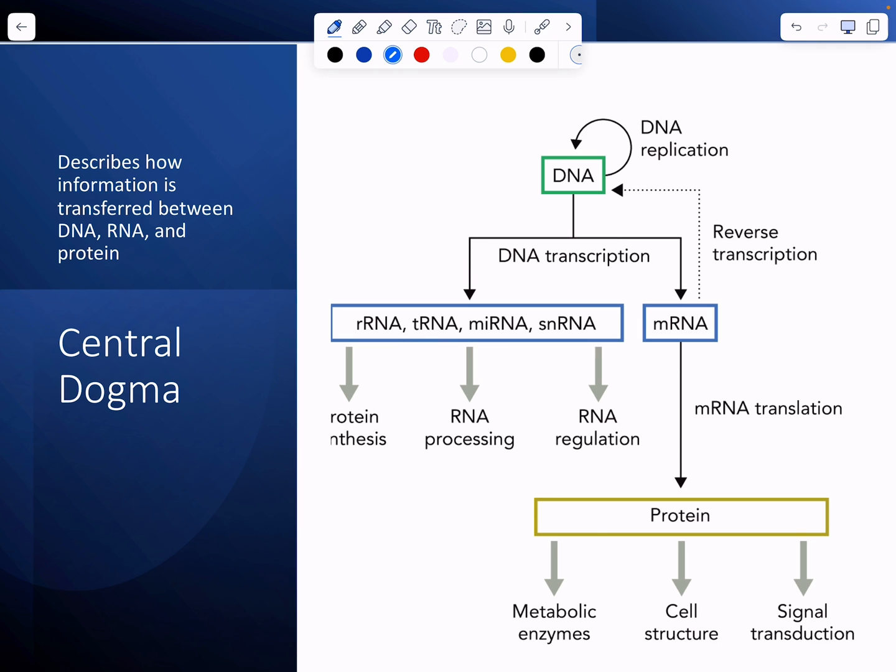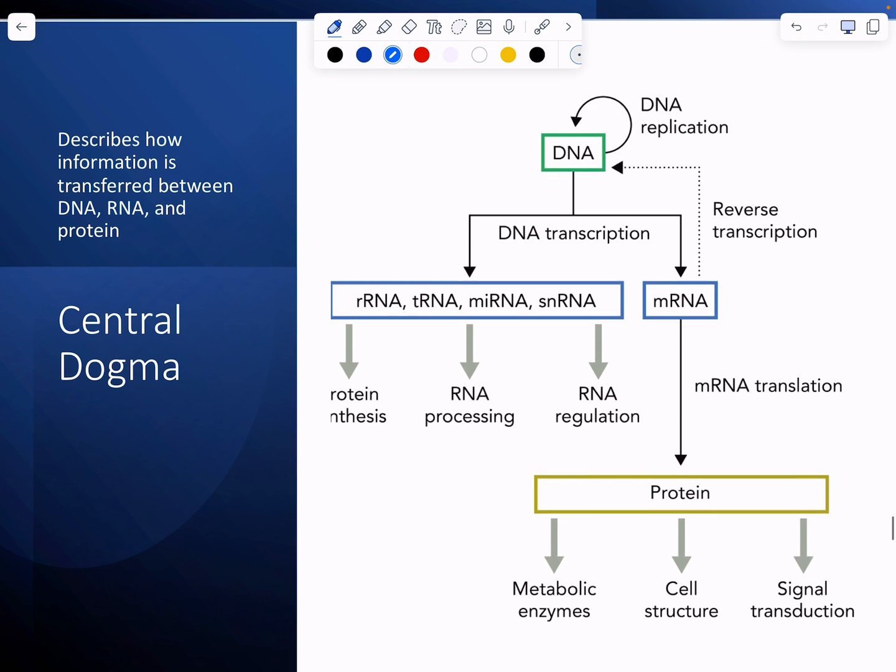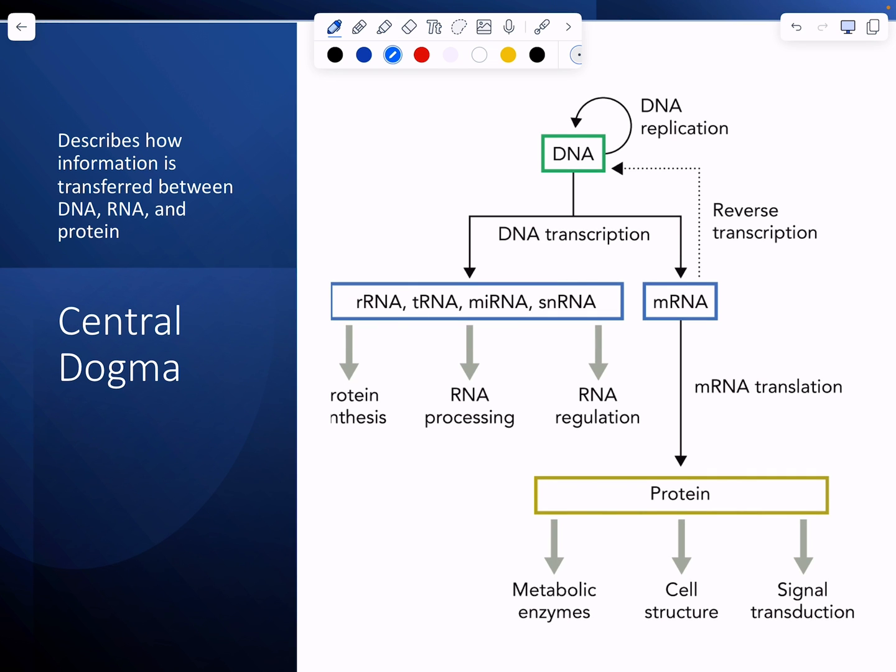So when I say central dogma, the central dogma of molecular biology is the order of information transfer from DNA to the final functional molecule. So what that means is we go from DNA, which is our long-term storage molecule.